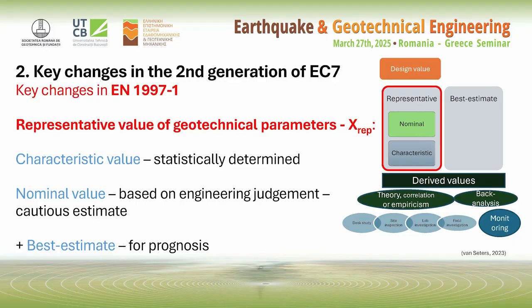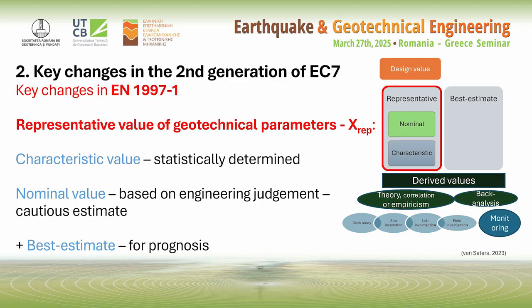The representative value. Now in the first generation of Eurocode 7, we are talking about the characteristic value of a geotechnical parameter, and the definition of this characteristic value is not very clear.